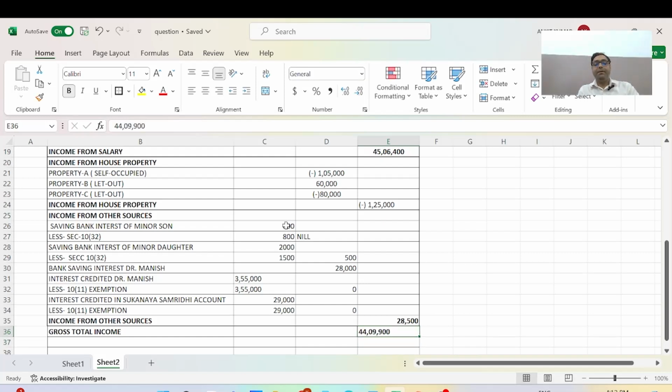This is the amount of gross total income.